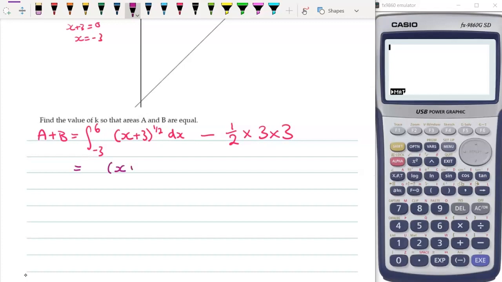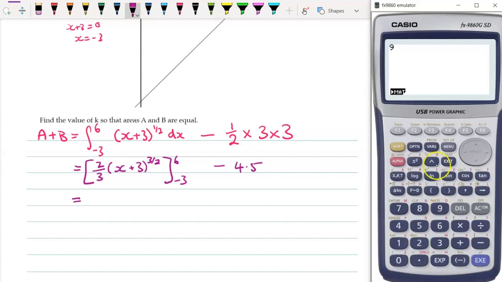So integrating x plus 3 to the half, we raise the power by 1, divide by the new power. We would divide by the derivative of the inside, but it's just 1. We're doing that between 6 and minus 3. 3 times 3 is 9, divided by 2 is 4.5. Okay, let's put the 6 in first. So 6 plus 3 is 9 to the power of 3 over 2.